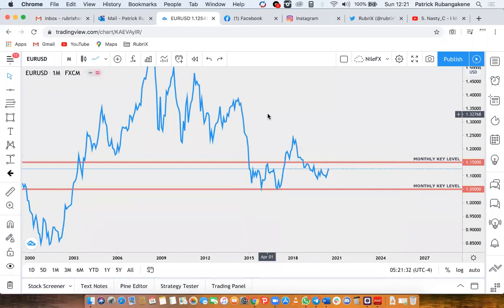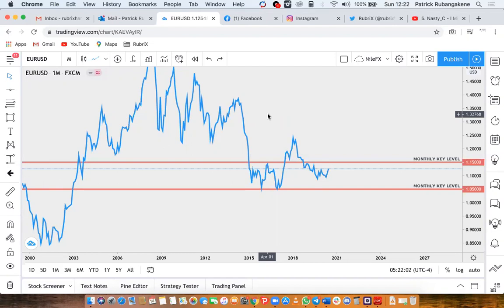Now, I want you to note another thing down, which is probably number 4 or number 5. Monthly key levels will always be in thousands of pips, either 1,000, 2,000, or 5,000. It's always going to be in thousands of pips, but most commonly 1,000 pips, or maybe 2,000 pips for some pairs.